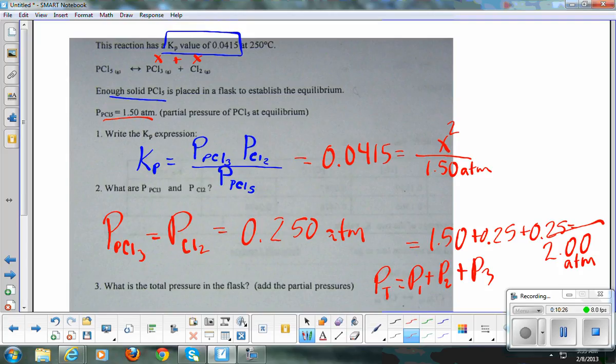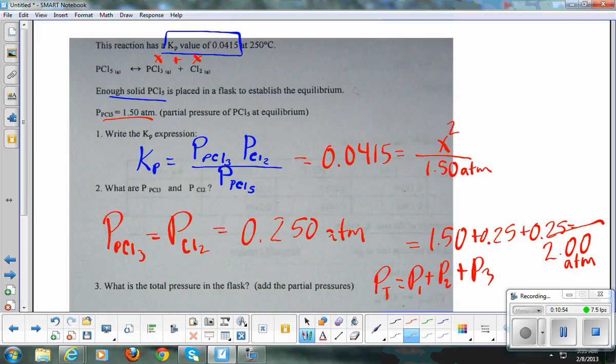Okay, going down to question 4. What was the pressure of PCl5 before the dissociation occurred? So if I go back and put all of it back into the reactants, what was the pressure of PCl5 before it dissociated? 2. Because I had no product.